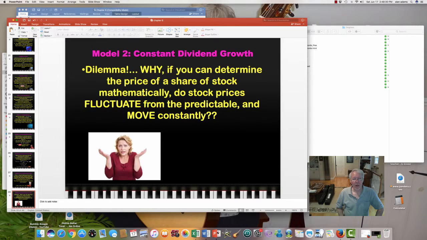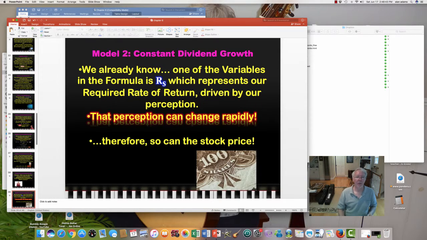Okay, why do stock prices fluctuate constantly, within minutes, and always are on the move? It's because our perceptions of R sub S and G are dynamic. They're always changing. The numerator won't, but the denominator will. Okay? Our perception of R sub S is based on risk. We will learn that in Chapter 8. That perception can change throughout the day.